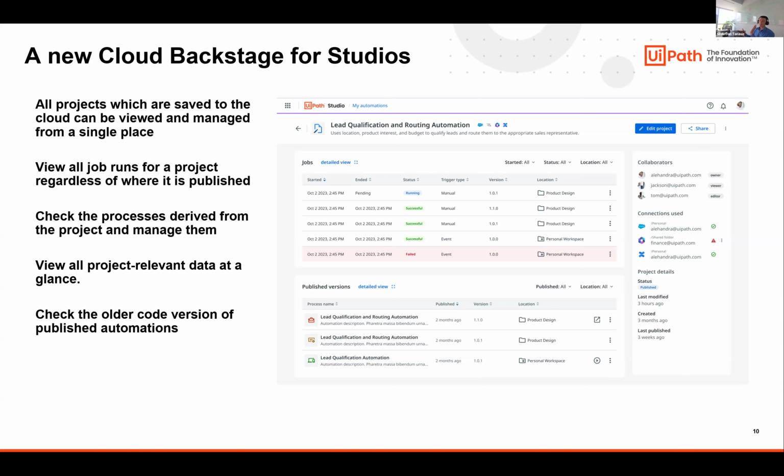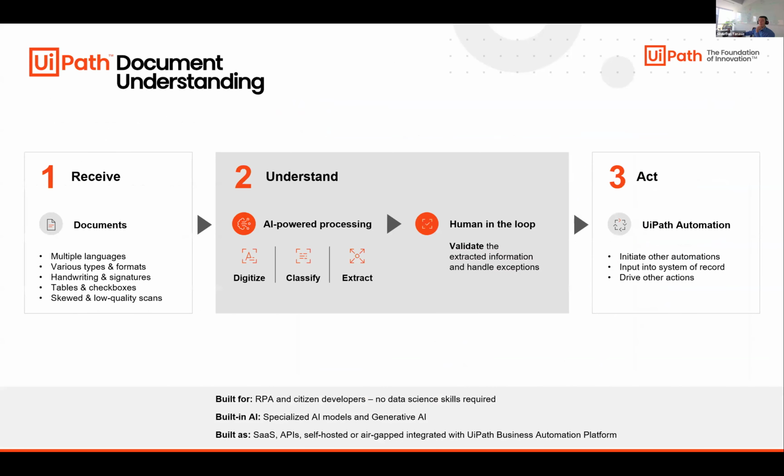You see all the jobs that have been running for 6 months back. You also have all the processes that have been developed from that project. You can run them, you can open them in Orchestrator, you can do a lot of things from this new project lobby. And there is also a surprise at the end I'd like to show you.